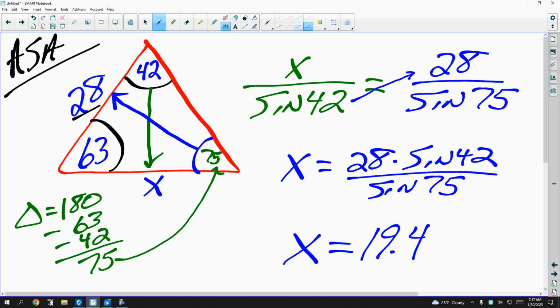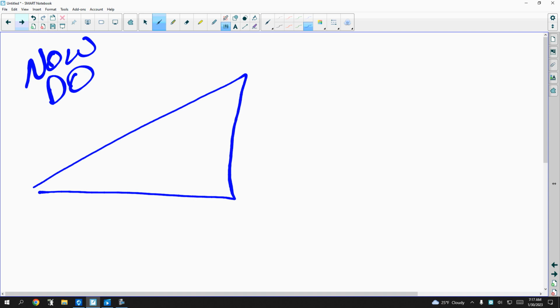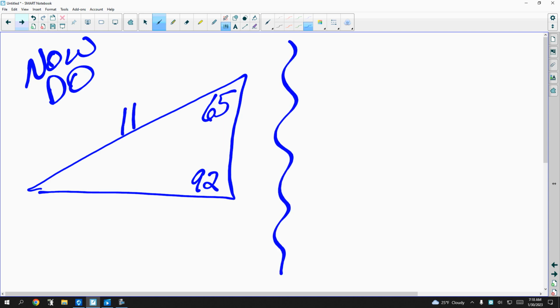I do not want to get into too much more depth, so I want you to try these two problems. Now, do this problem. That's not a right angle, it's 92 degrees, and 65 and 11. So that's question number one that I want you guys to try. And I want you to solve for x. That's a straightforward one.